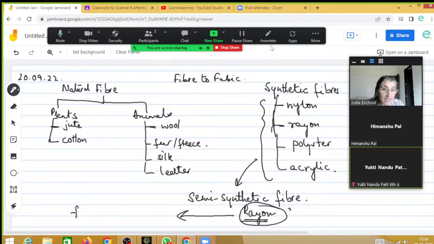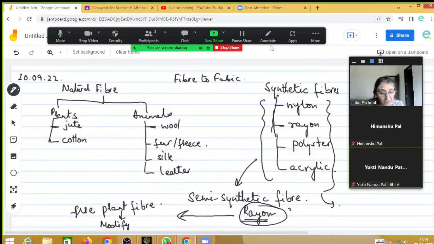For semi-synthetic, we use plant fiber to start with, and then we modify it using chemicals to make a new fiber. Okay? Himanshu, understood?